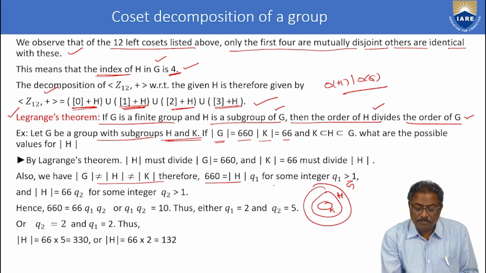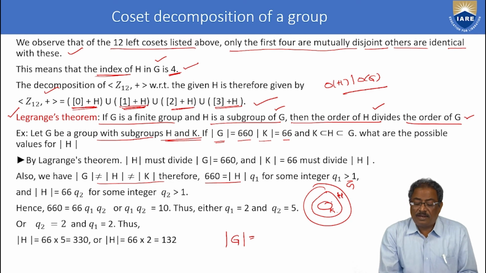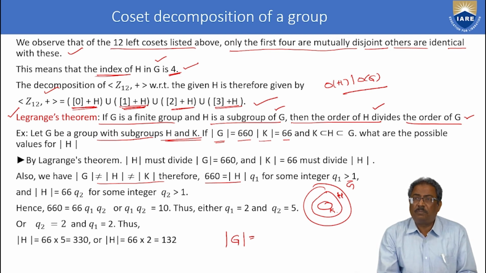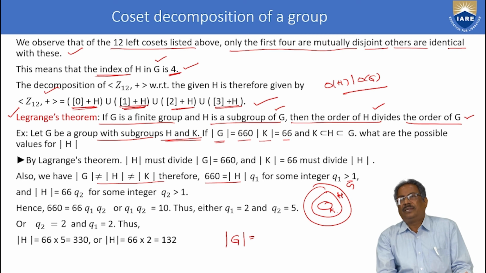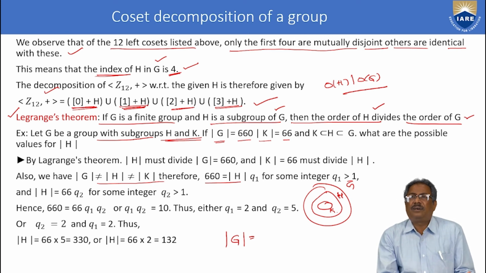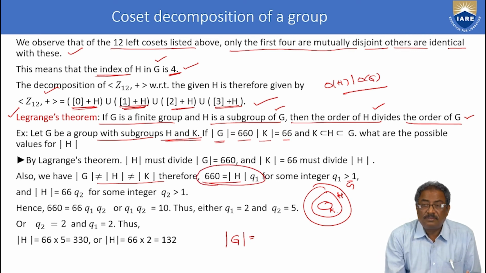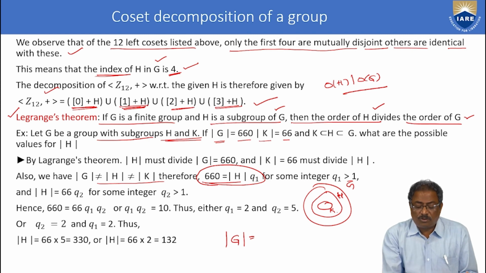So here the cardinality of G is equal to, see here, H is a subgroup of G, then the order of H divides the order of G. That means order of G by order of H gives some quotient. If I divide the order of G by the order of H, we get something, which we represent like this: H into some quotient.